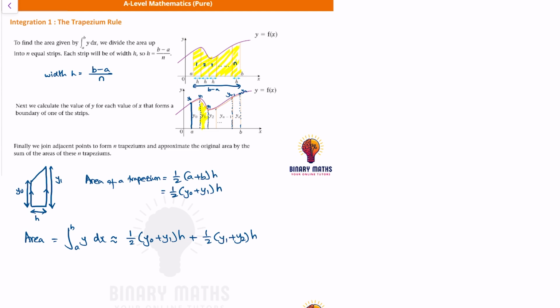The next one would be half of y2 plus y3 times h, plus dot dot dot, all the way up to half of yn minus 1 plus yn times h. So all we've done is sum up the areas of the trapeziums.